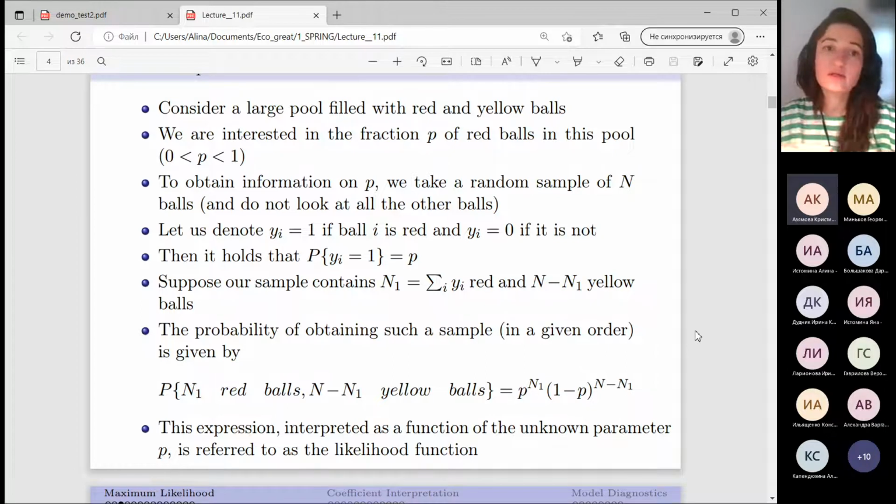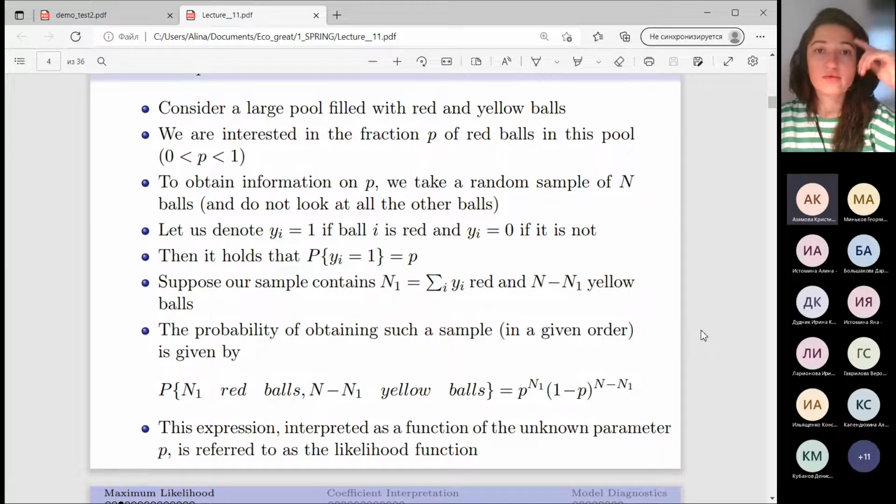So not only in statistics and econometrics, this is a general method for different tasks. If you continue learning machine learning classes, for example, I think that finally you will find the application.